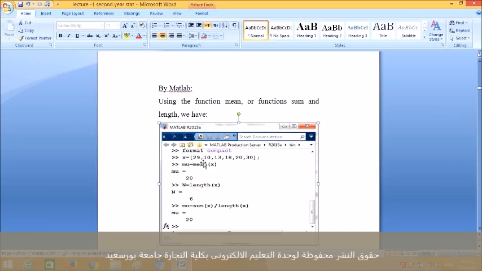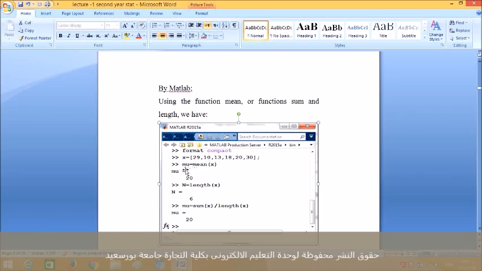So this is the comma. You can replace it by a blank. So it's better to write comma to be sure that everything is okay when entering these data. And here the semicolon means that you want to hide the data. Hide the data, okay?